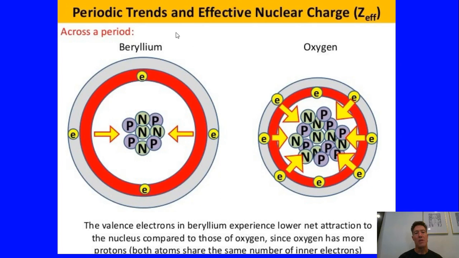This is just another way of showing the effect of increasing nuclear charge. So here's beryllium and oxygen. They're both on the same energy level, but oxygen has more neutrons and protons, so it pulls harder on its outermost shell of electrons, and therefore its net size is smaller.